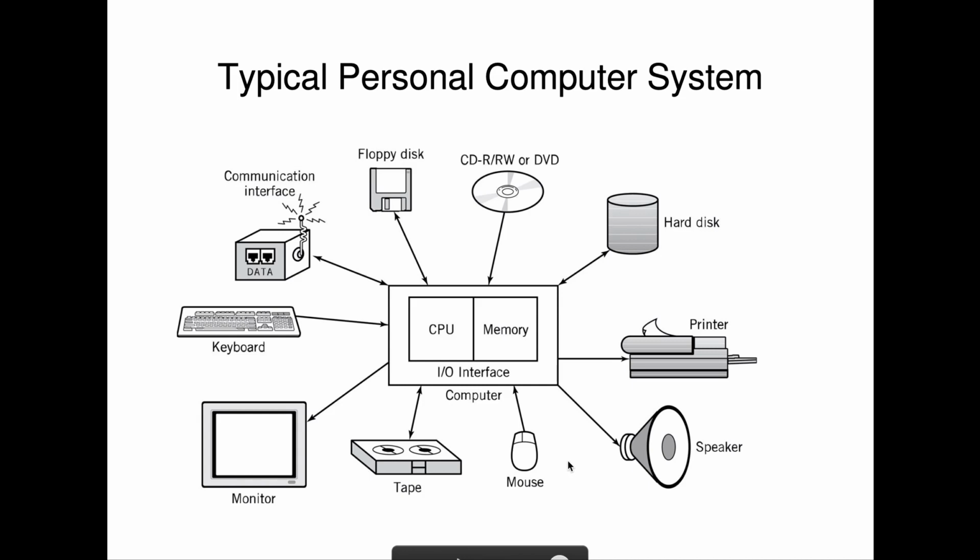So we talked about the personal computer system. How about other systems, like a server computer system? For example, a server may not need a monitor, a keyboard, or a mouse, but it can still run.